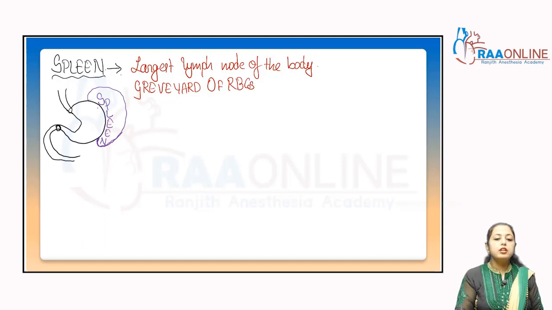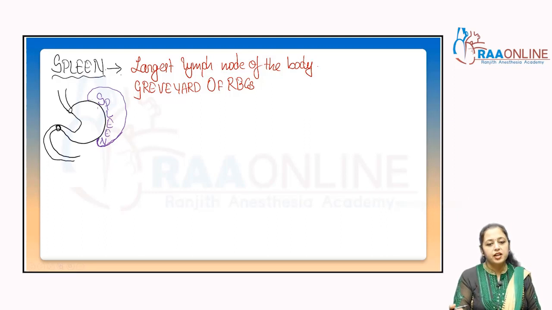That means after the destruction of the RBCs in the liver, the dead cells are buried in the spleen, right? That's why it is purple in color.